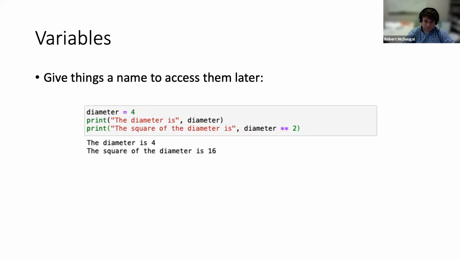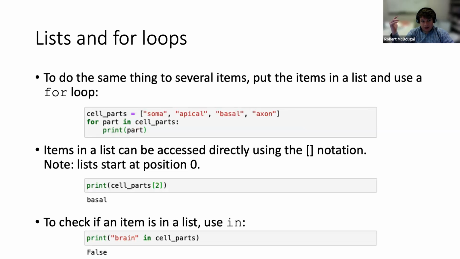Or, the other important thing, especially in programming neurons, is being able to do the same thing to multiple pieces. The way that we do the same thing to more than one piece is we can store all of our things in something that we can loop over, like a list. So here we're creating a list of items.